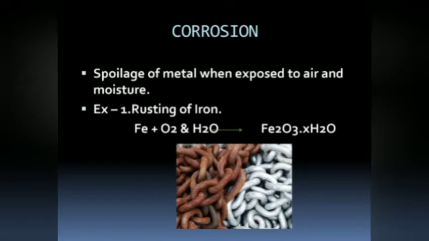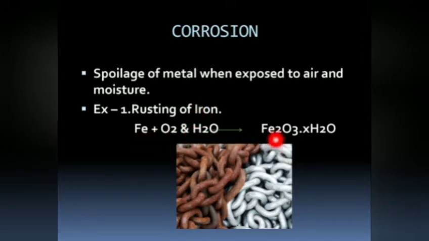And the equation is iron, symbol Fe, plus oxygen and water. What it gives? It gives rise to Fe2O3.xH2O. X means number of water molecules. It can be 1, 2, 3, etc., depending upon the number of water molecules reacted with the iron.